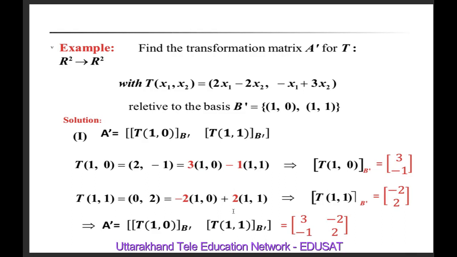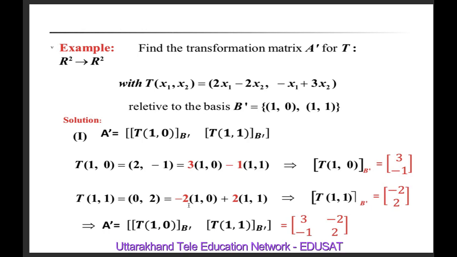Again, to find the vectors to be written here, substitute x and y. If you substitute x here, you will get (x, 0). If you substitute y here, you will get (y, y). So x plus y is equal to 0 and 0 plus y is equal to 2.